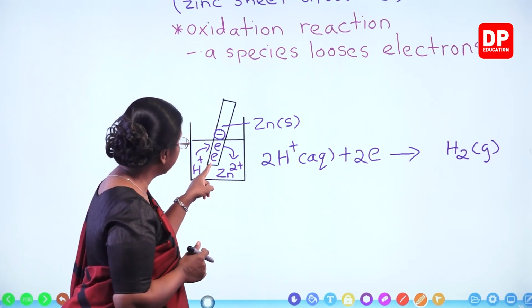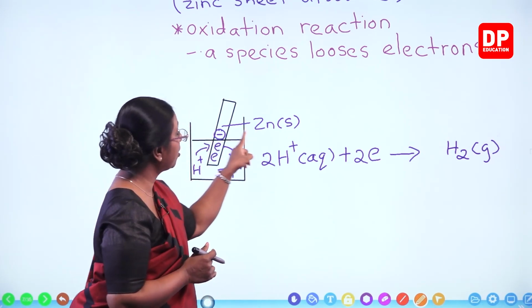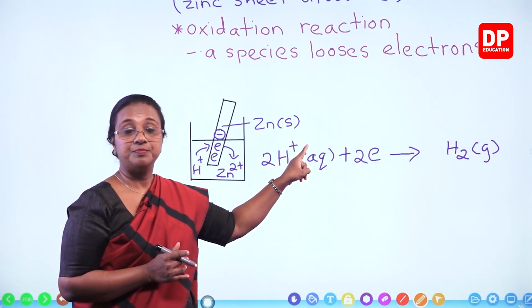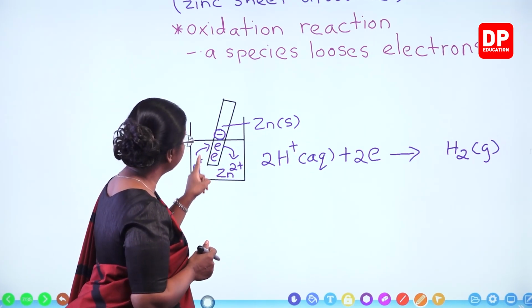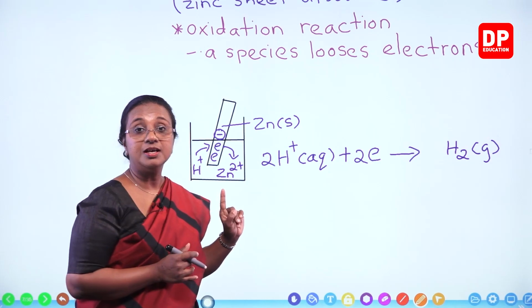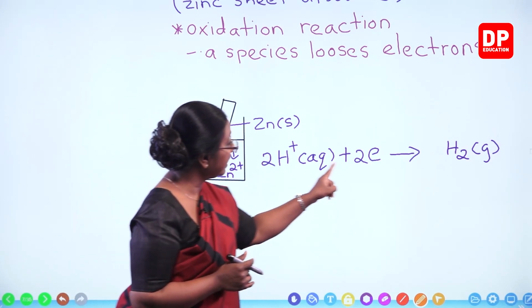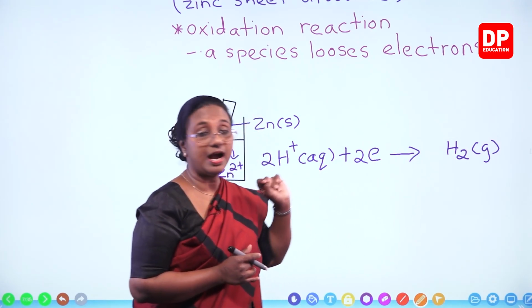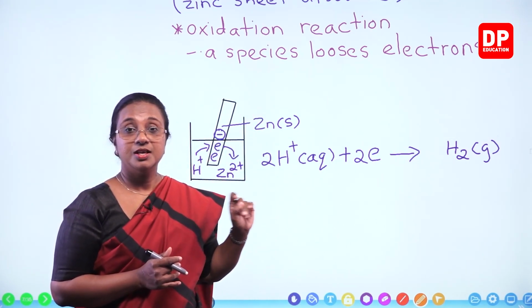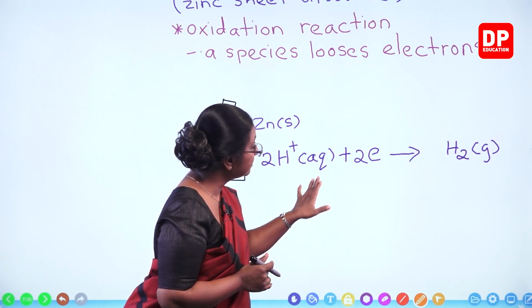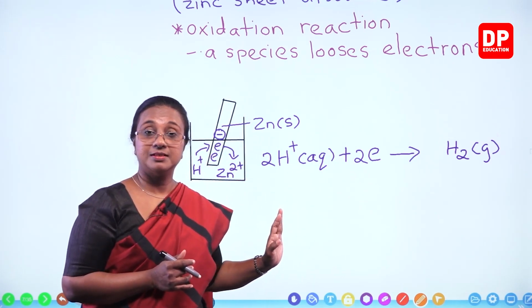The electrons are left behind on the zinc metal. And these H plus ions get attracted to the negatively charged electrons. They take up electrons and become H2 gas. So here H plus is taking up electrons.